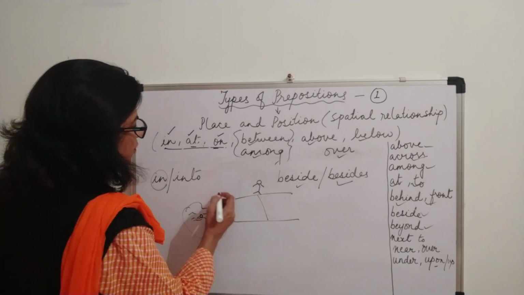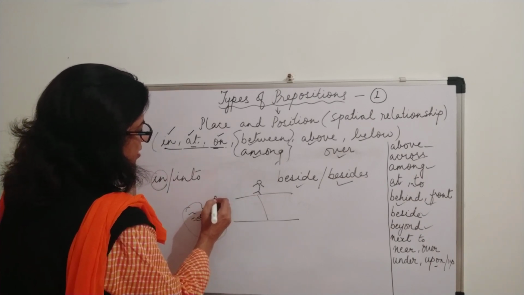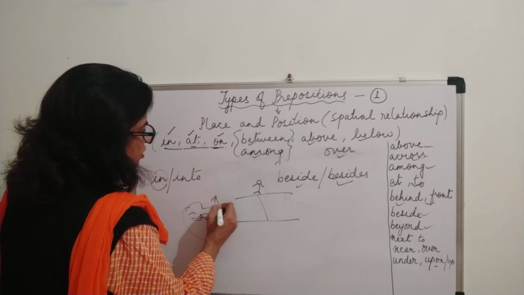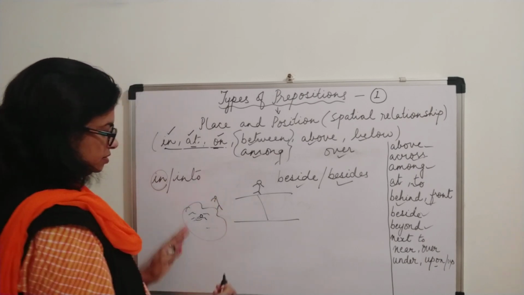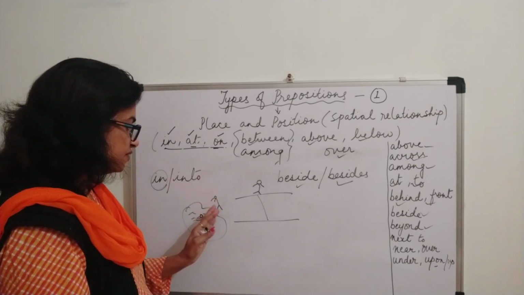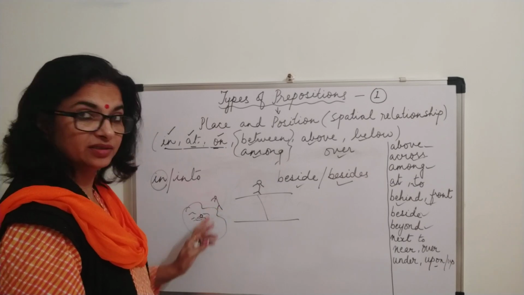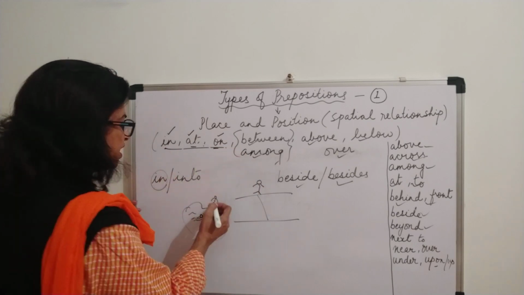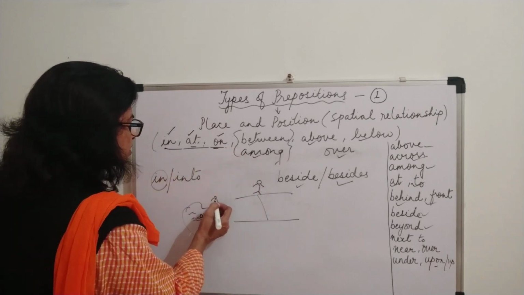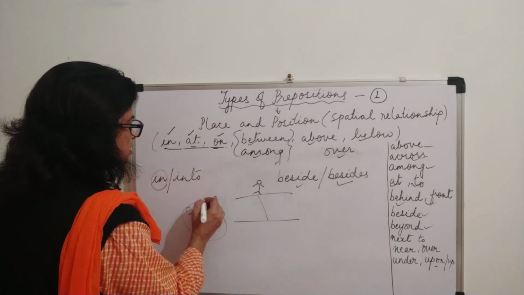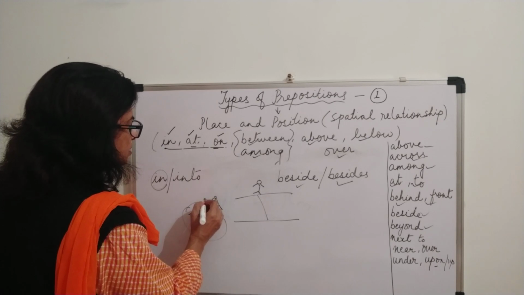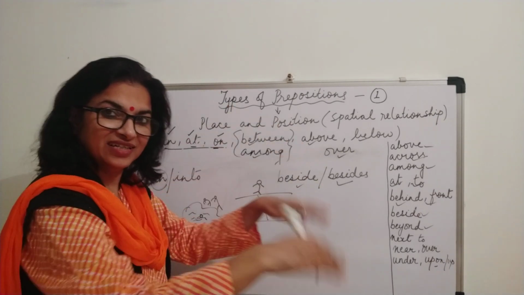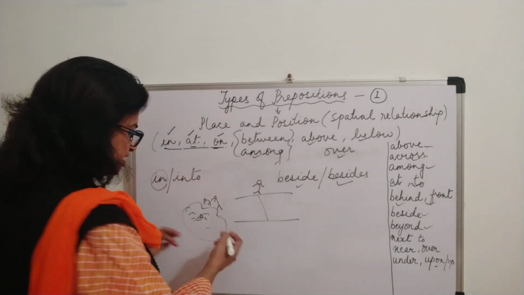Now if you see a boy here and he is trying to jump in the pond, okay, we will not say jump into. The boy jumped into the pond. If you find him jumping like this, okay, if he is here in the position of jumping, you can say into the pond, means he will go jump.